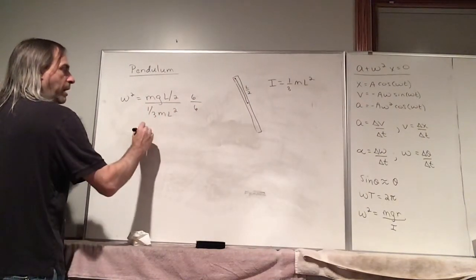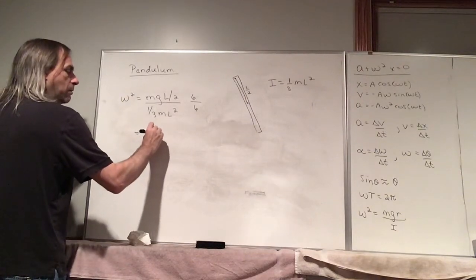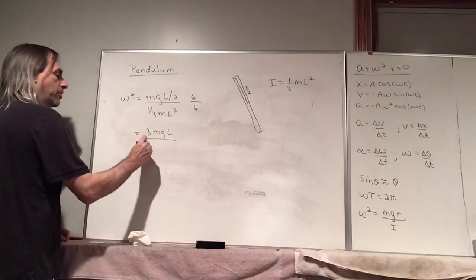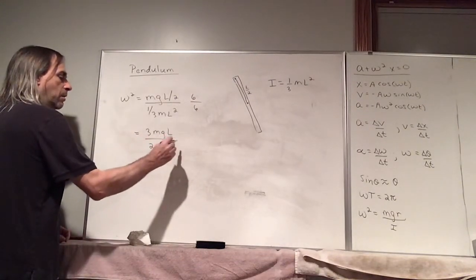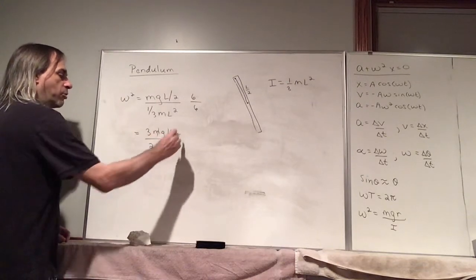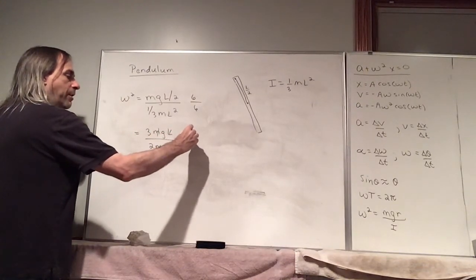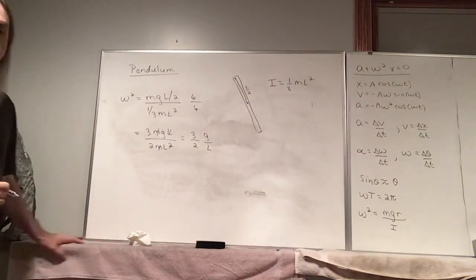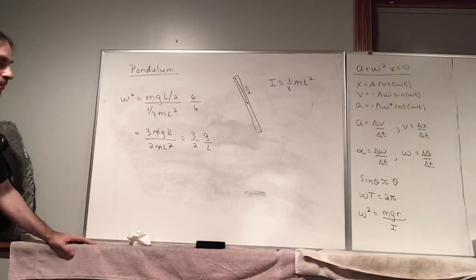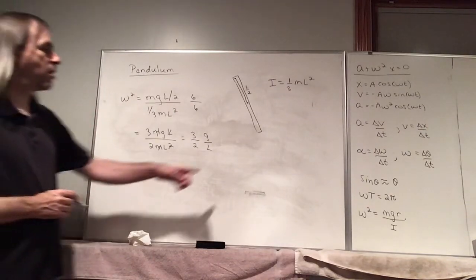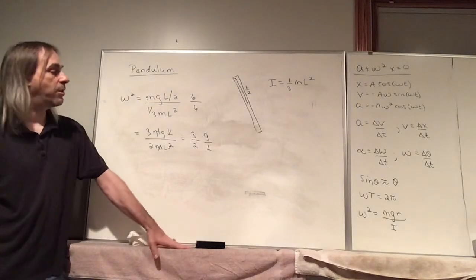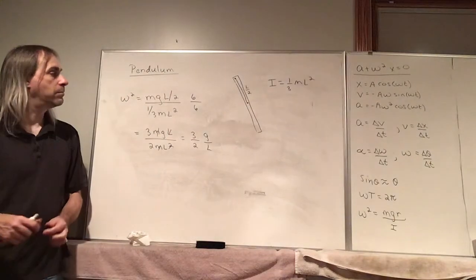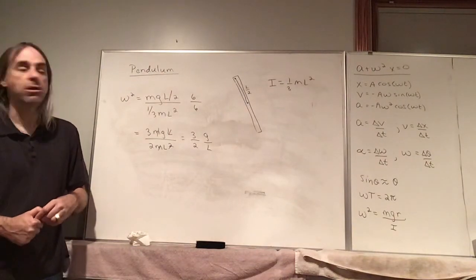So on top, we'll have 3 mgl, and on the bottom, we'll have 2 ml squared. And again, we get this partial cancellation. And basically, we have 3/2 times g over L. So this is before taking the square root. And so before, for a mass concentrated at the end, we just had g over L. Now we're getting a slightly higher value.